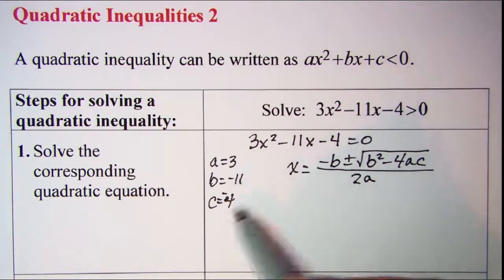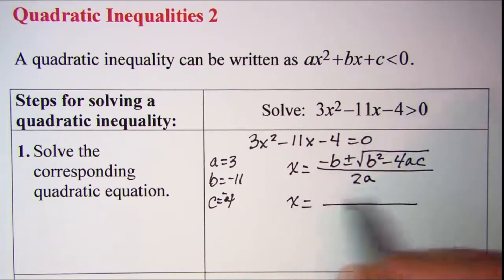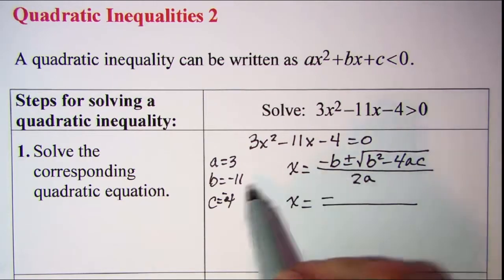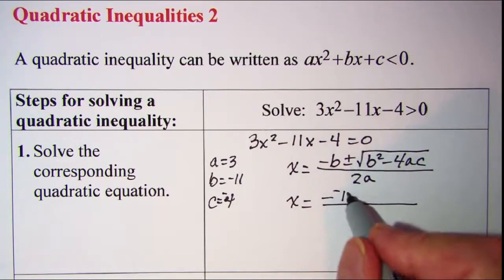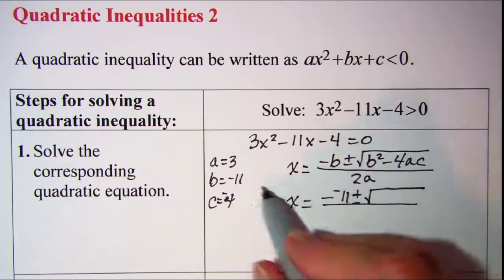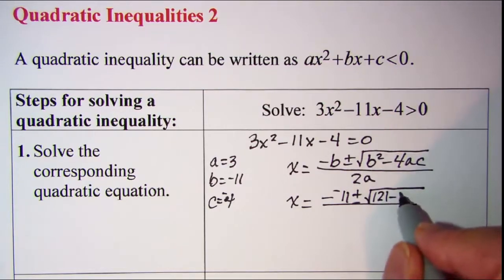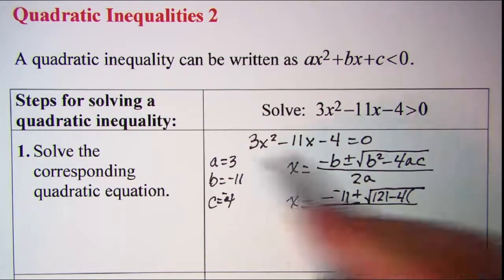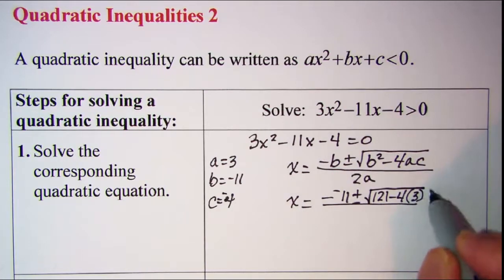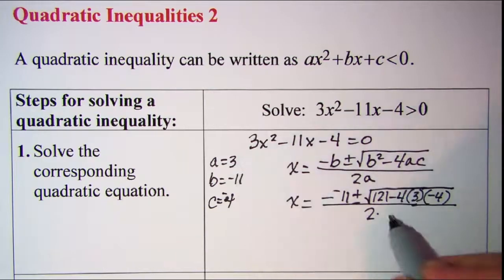So let me fill these values in for a, b, and c. x is equal to a negative, my b is negative 11, plus or minus the square root of b squared, 121, minus 4 times 3 times negative 4, all over 2 times 3.